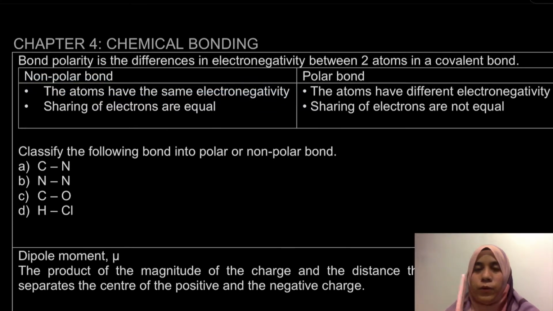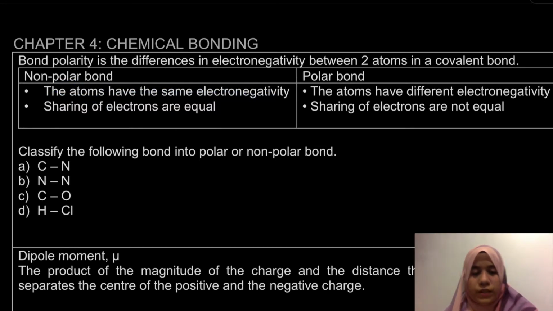When you learn about atoms from lithium until neon, the elements in period 2, each has its own electronegativity value, but we do not have to learn that part. For a non-polar bond, the atoms have the same electronegativity.